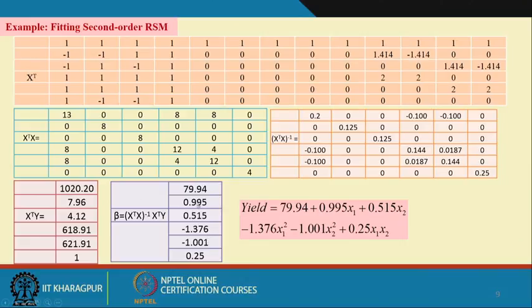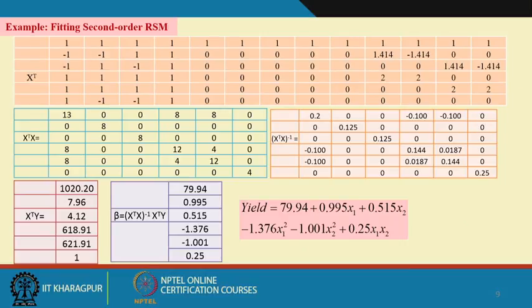What do I mean? I am saying these are the beta estimates. We will write beta 0 plus beta 1 x 1, and so on. So, this is your predicted fitted regression equation.